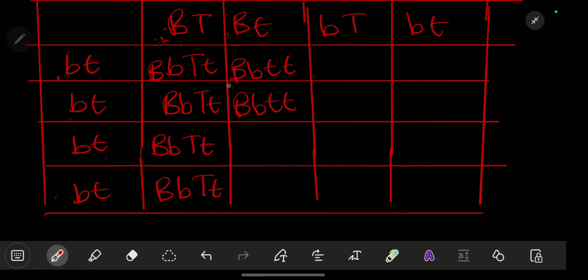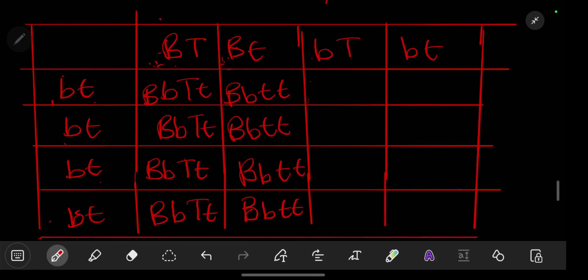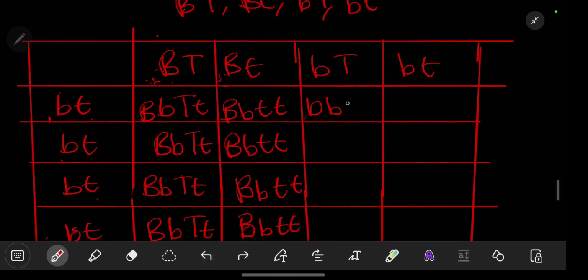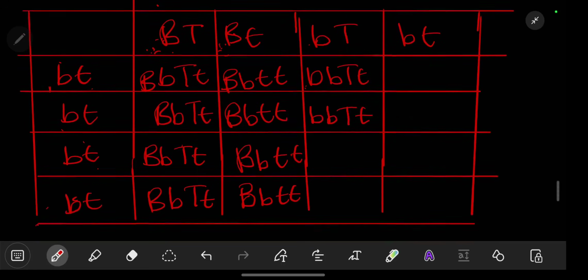We have our B small b, T small t. We have our B small b, T small t. Here we have B, b, T, t.